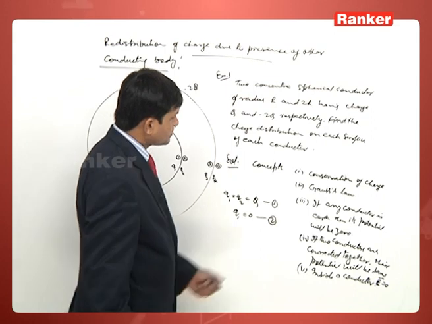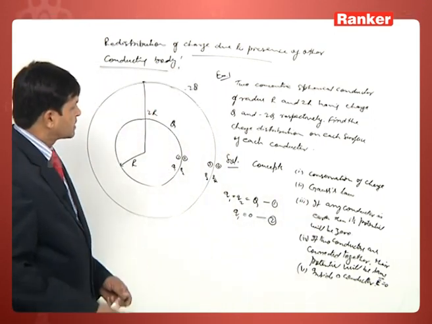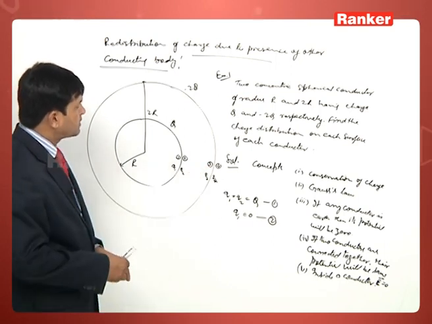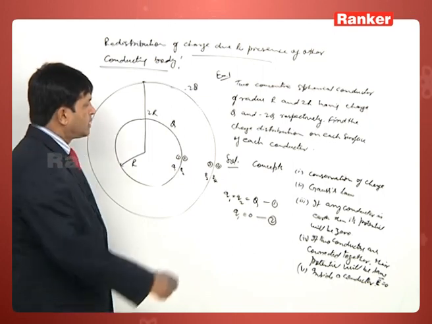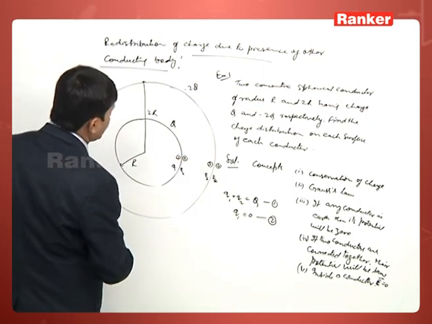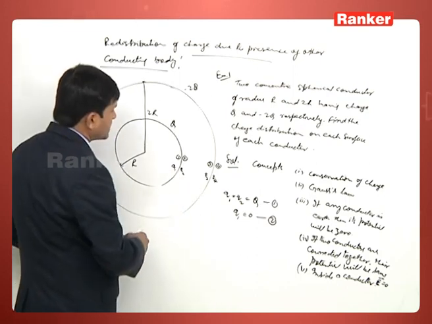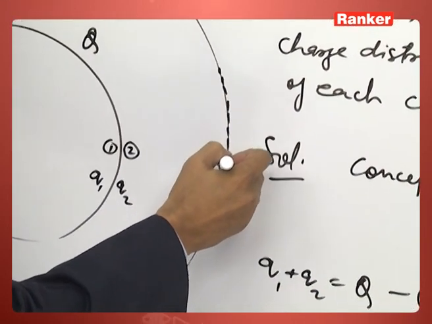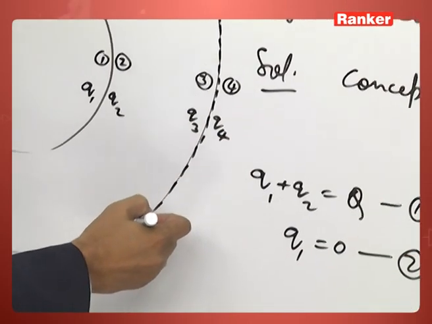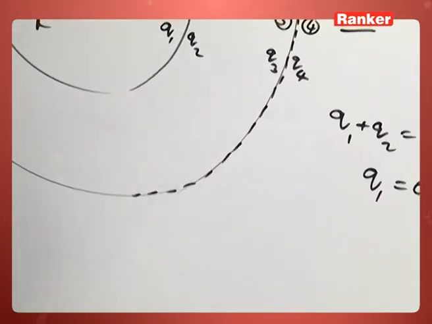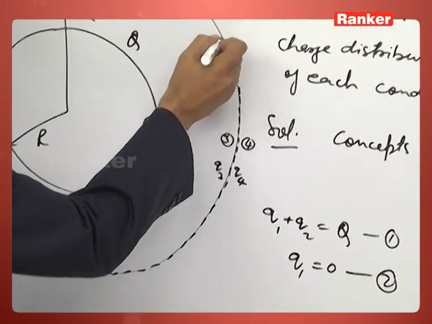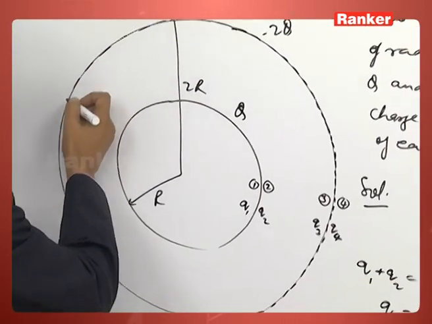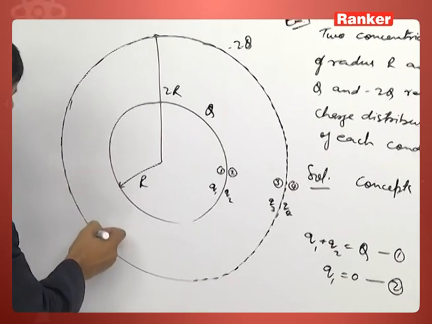Next, if we are applying Gauss law, this is your third surface, this is your fourth surface. Between third and fourth there is a material part. So if we are making a Gaussian surface within the outer shell like this, it means our surface is lying between inner surface of the outer shell and outer surface of the inner shell.